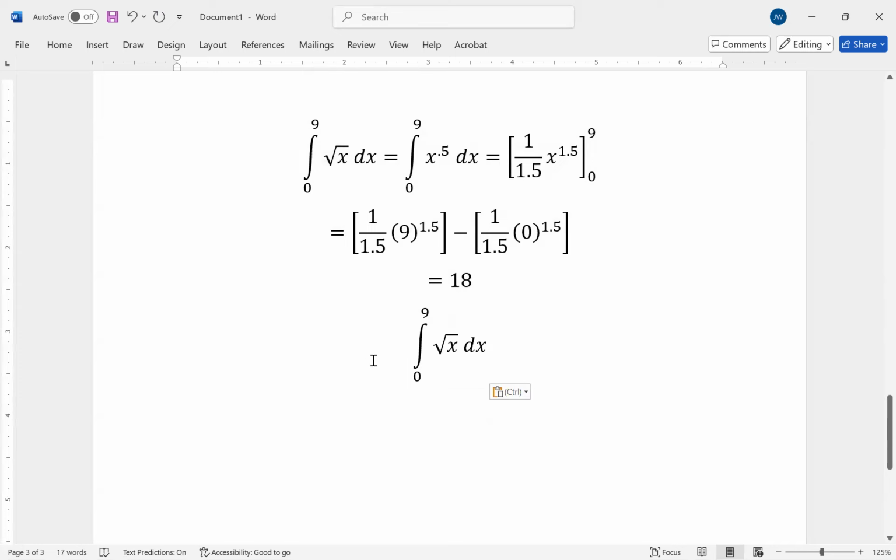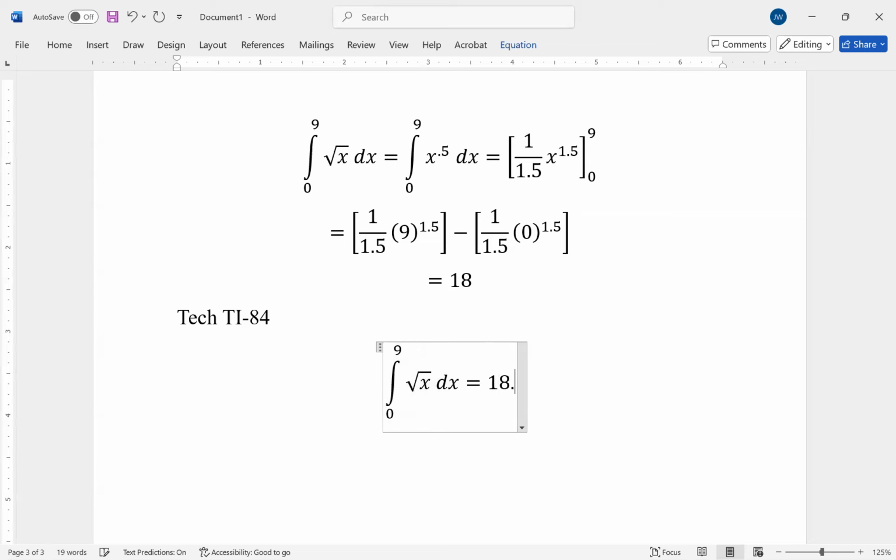If I use technology, specifically my TI-84, and I just go and do math 9 integrate, it turns out my calculator gives me something very slightly different than 18.